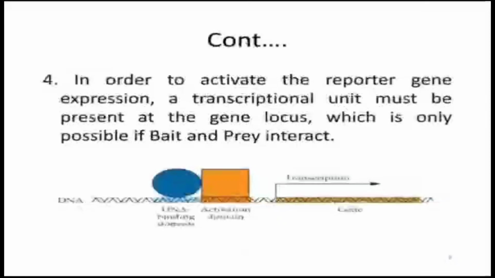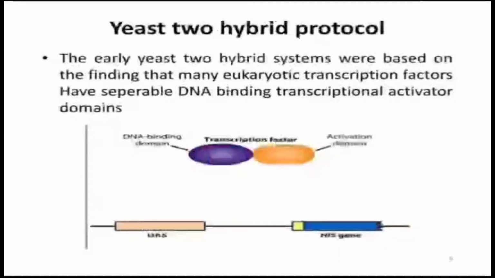The binding domain, which is fused with the query protein of interest, is known as bait, and the activation domain, which is fused with the protein library, is known as prey. When the reporter gene expression is activated, a transcriptional unit must be present at the gene locus, which is only possible if bait and prey interact.